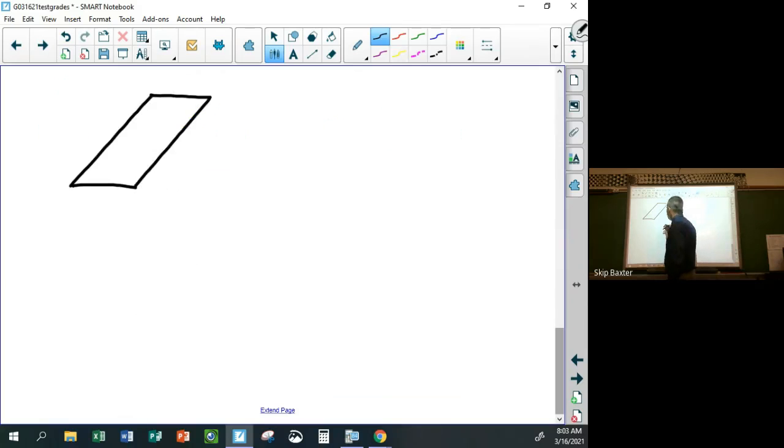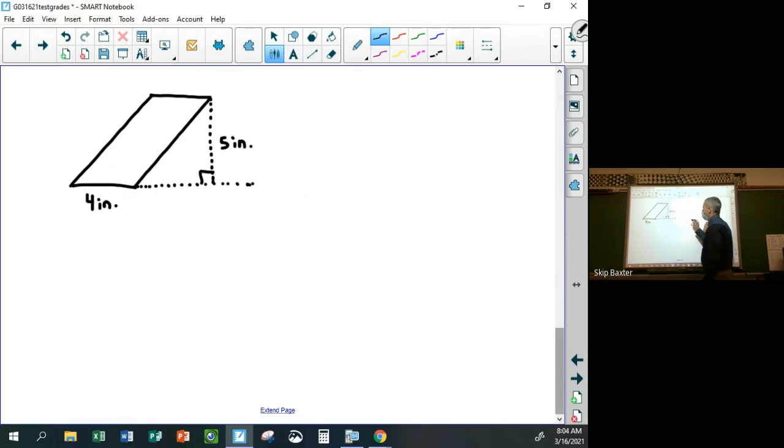In this case, if this base right here is like 4 inches, they would have to extend the base out and then measure down to that extension perpendicularly. They have to keep that height there. So if this distance was like 5 inches, then the area would be 4 times 5, 20 square inches.